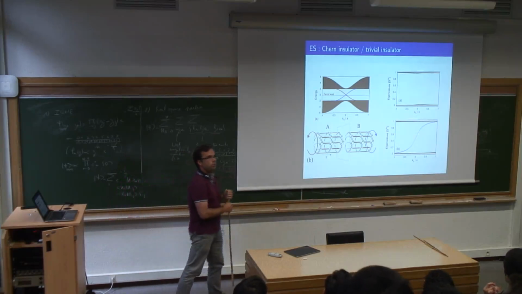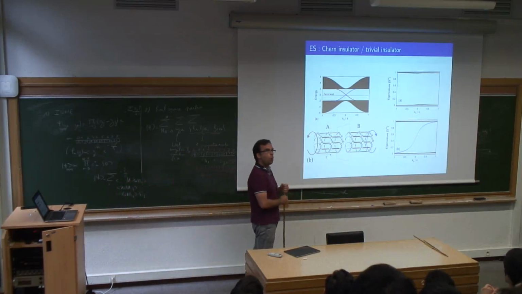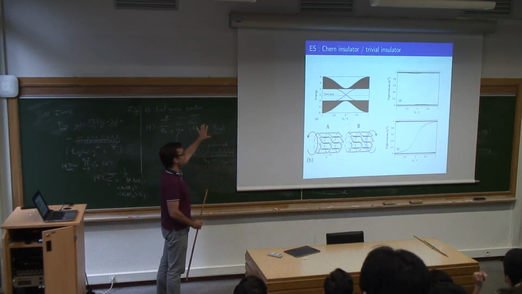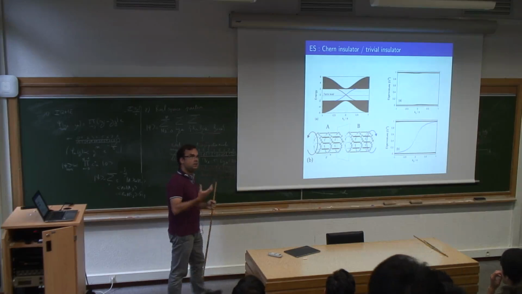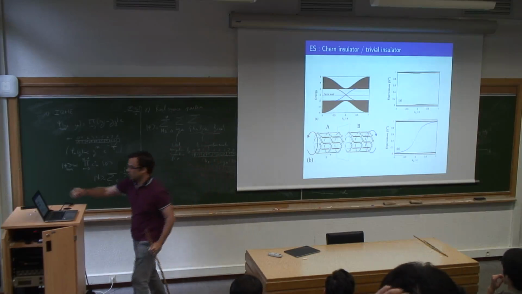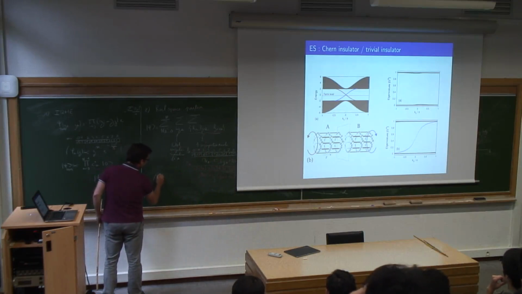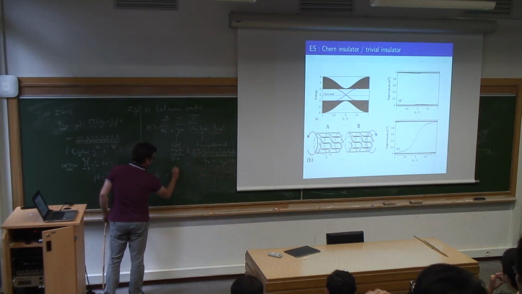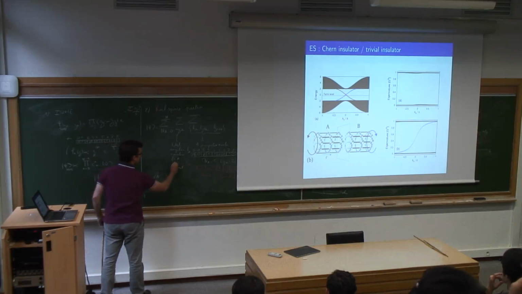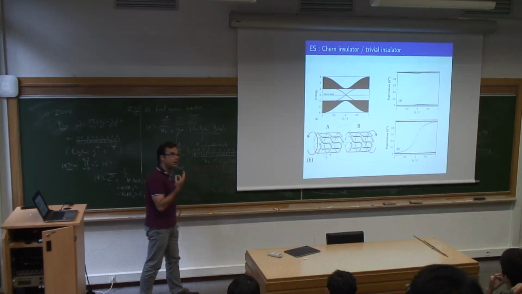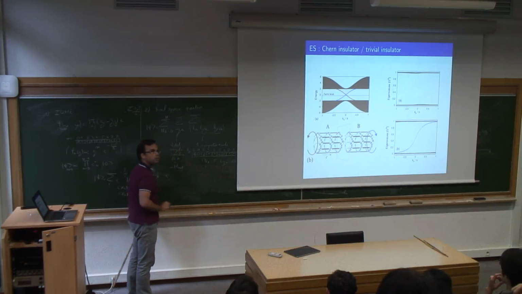Fortunately, when you deal with a non-interacting system, there is one more thing that you can do. Here, I've shown you how to get the entanglement spectrum. And what you have written down is that the reduced density matrix is an exponential of some entanglement Hamiltonian. So, the question is, what is this guy here?